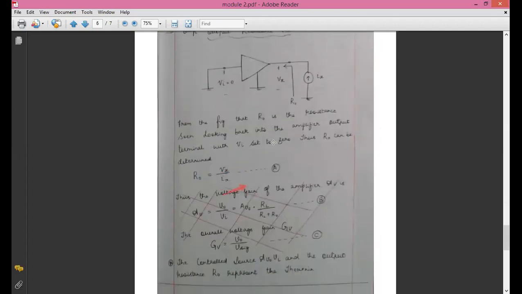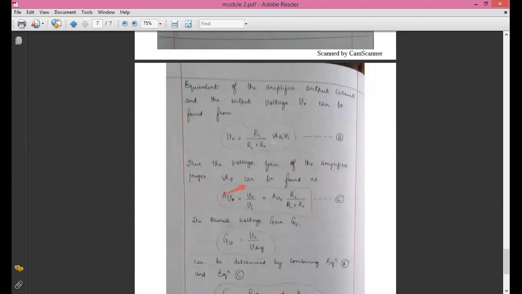How to write the equation for V naught? AV naught into VI will behave as the main voltage source. If we apply the voltage divider rule to V naught, V naught is equal to AV naught into VI into RL divided by RL plus R naught.